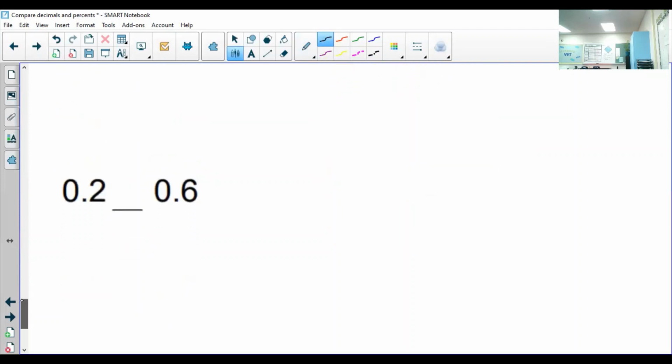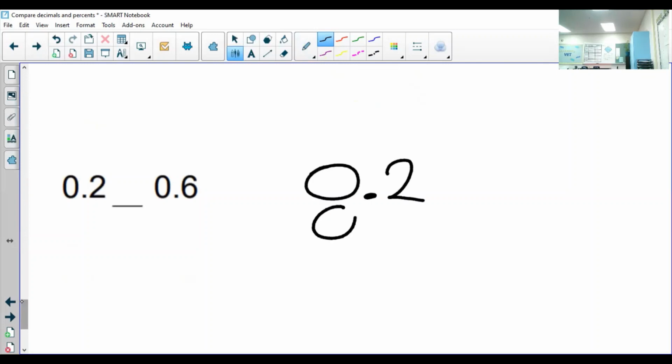Okay, let's take a look at this one. I have 0 and 2/10 and 0 and 6/10. Now, I've got zeros in this column, right? So they don't matter. And here, I've got a 2 and a 6. So which one's going to be bigger? The 6. So we know we're going to use the less than symbol.